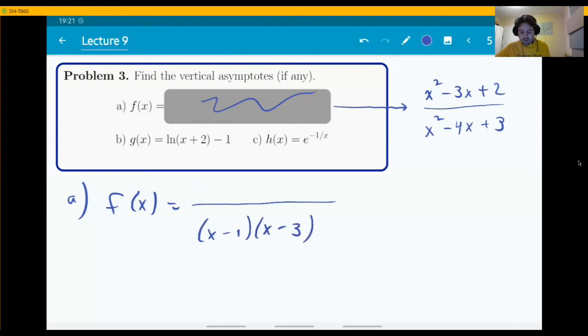So only at the points x equals 1 and x equals 3 can you have a limit of infinity or minus infinity, but not necessarily. It's not necessarily the case that just because you have these in the denominator you're going to have asymptotes there, because it also depends on the numerator, which in this case is also very easy to find. x minus 1 times x minus 2 gives you that.